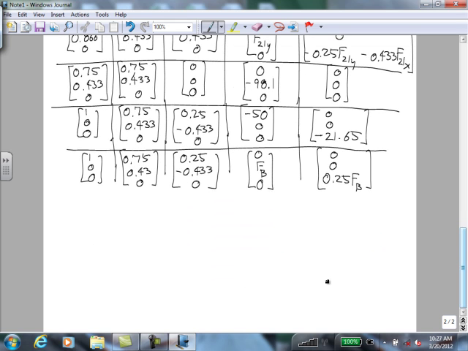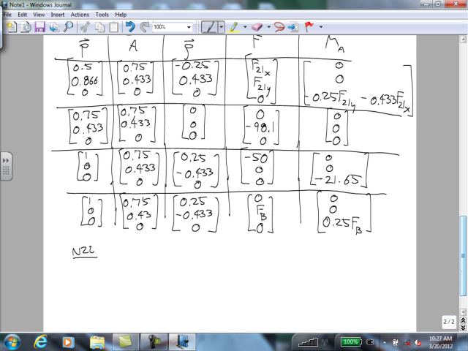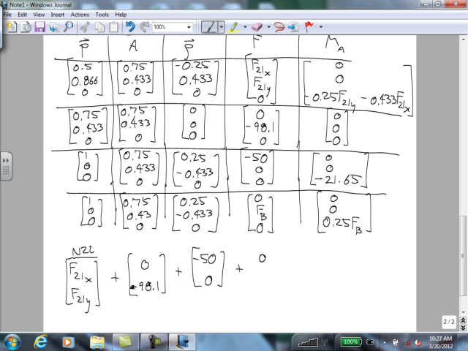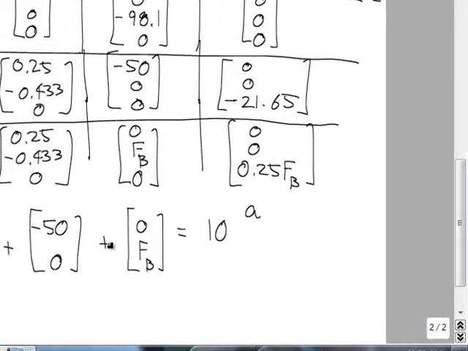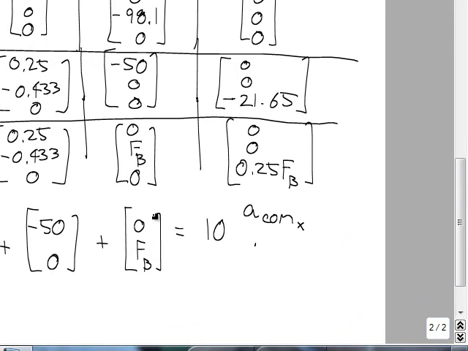For this one, do we have to use Newton's second law? Yep. So Newton's second law says F21x, F21y plus 0, negative 98.1 plus negative 50, 0 plus 0, FB is equal to the mass times the acceleration vector, so A COM x, A COM y.